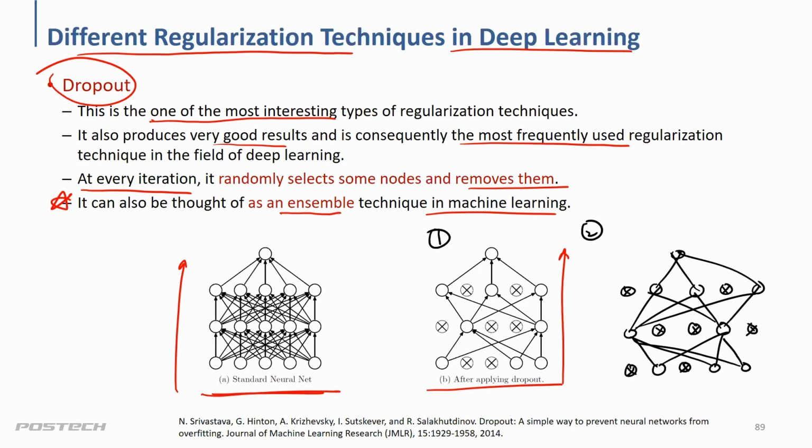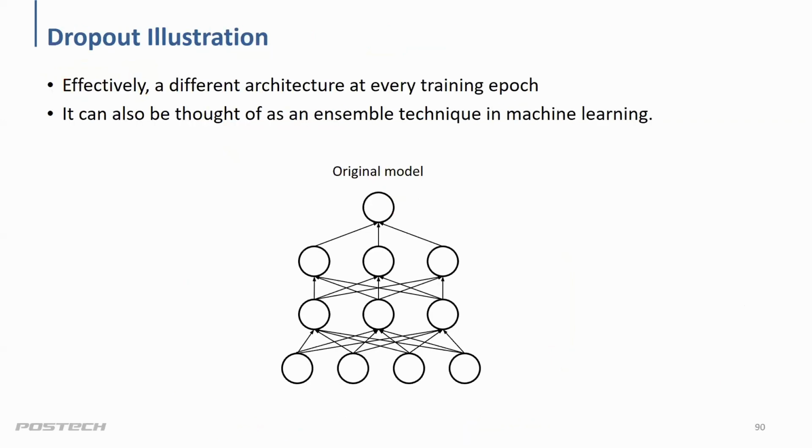So say you have 10,000 iterations, then you can think of it as having 10,000 different neural nets, and you ensemble them. The ensemble acts like a smoothing effect, so it gives the regularization behavior.